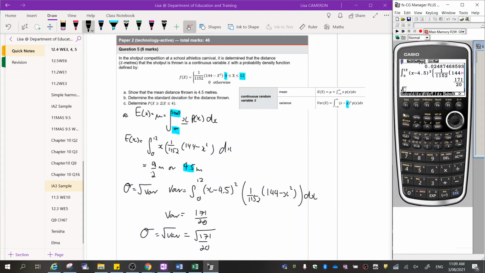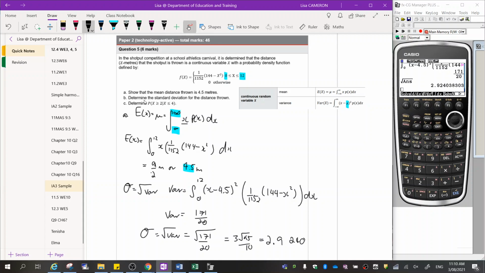So shift, square root, shift, answer, execute. Now in exact form, that's going to be 3 root 95 over 10, or if I press F to D, I'll get that in a nicer form, 2.9240. Okay, so it's got a standard deviation of 2.924 meters.